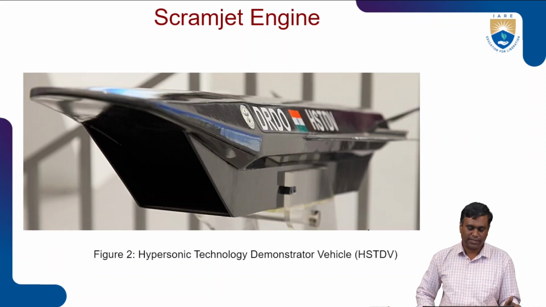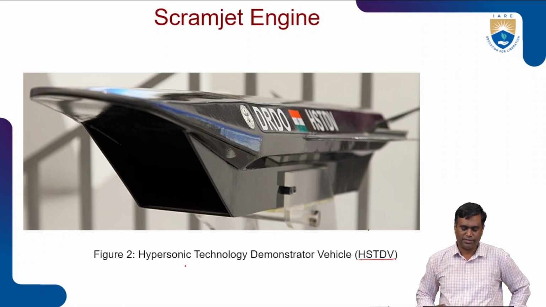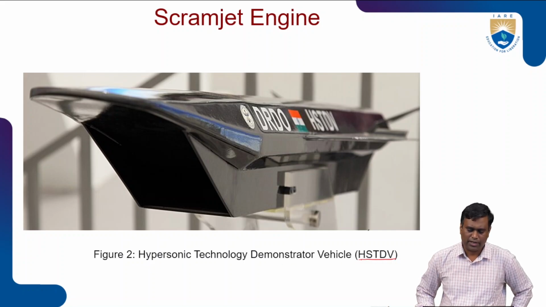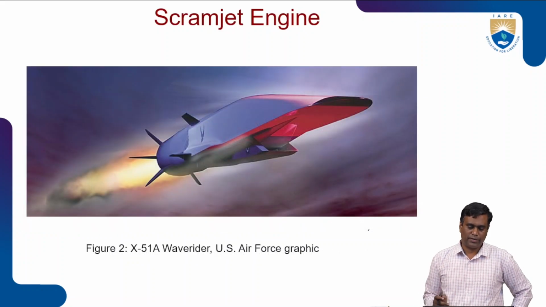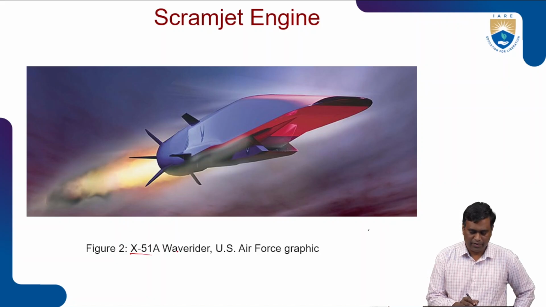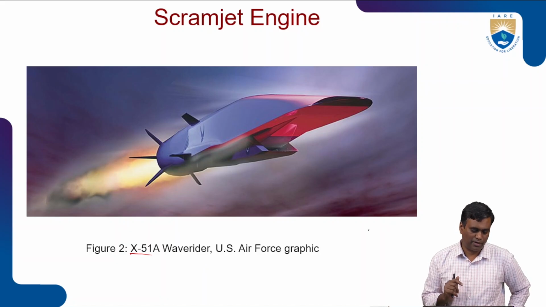And another development is a scramjet that ISRO recently tested. The abbreviation is HSTDV, that is Hypersonic Technology Demonstrator Vehicle. It was around Mach 3.5 to 4. Then another development is the X-51A Waverider. This is also a graphical picture of a scramjet engine, right?